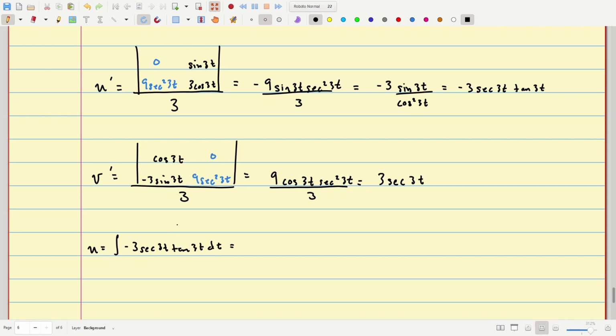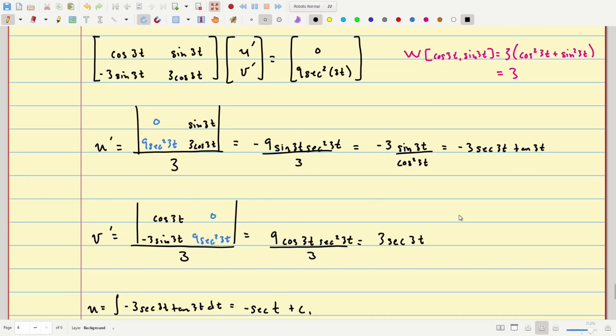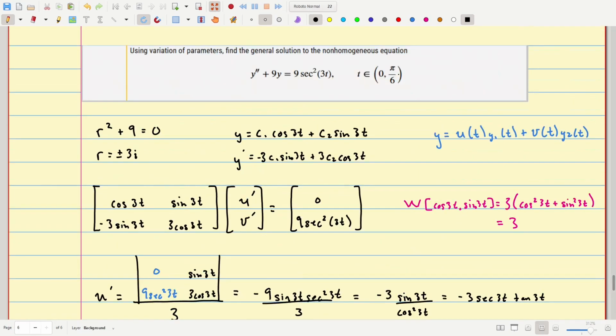That substitution will give us a 3 in the denominator, which will divide out with the negative 3 that we have. So we just have this plus a constant. And our condition here, restricting our domain from 0 to pi over 6, means that we don't have to worry about any absolute value stuff. We're definitely going to be in the first quadrant, and all of our functions that we're going to interact with are invertible and positive.